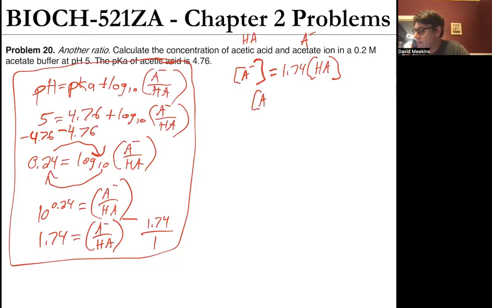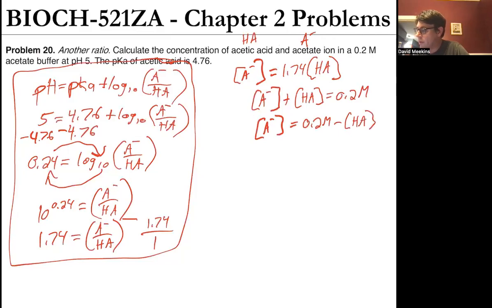So what that means is the conjugate base plus the acid concentration is going to equal 0.2 molar. If we rearrange that algebraically, the conjugate base concentration is going to equal 0.2 molar minus the acid concentration.